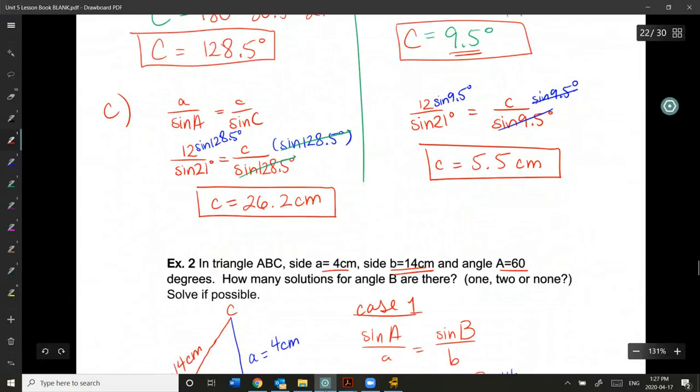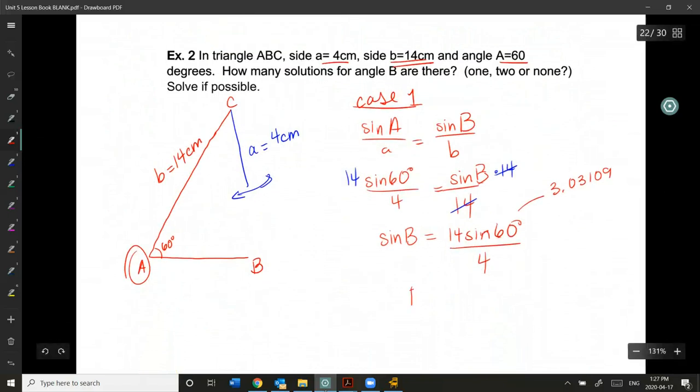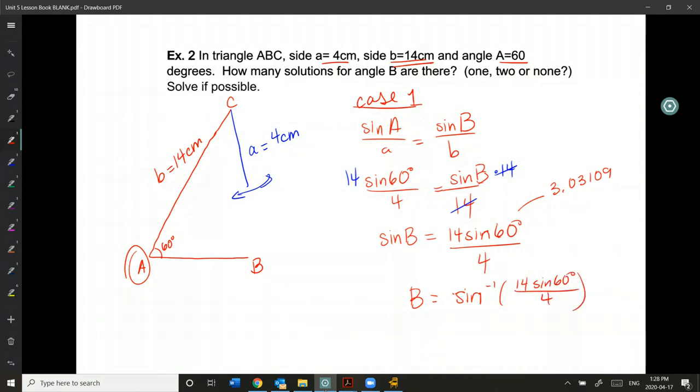It's not. So if you go and you try to do the sine inverse of this value in your calculator, you're actually going to find that you get a math error. So if you have it in your calculator now, do the sine inverse of your answer, and you're going to see that you get math error.